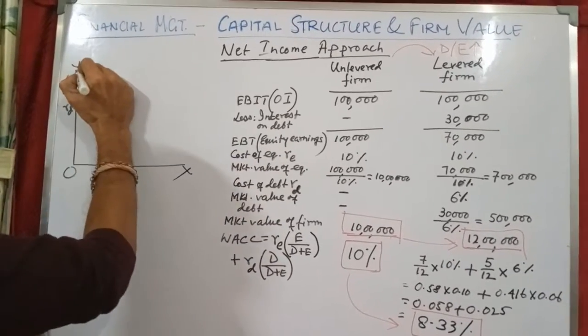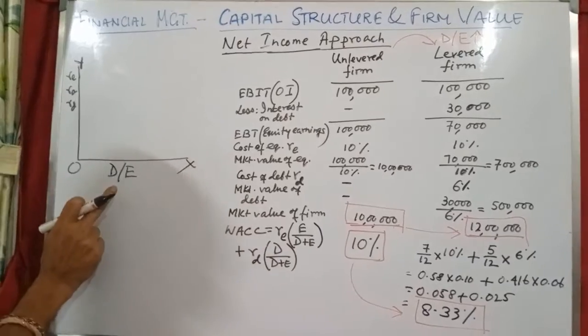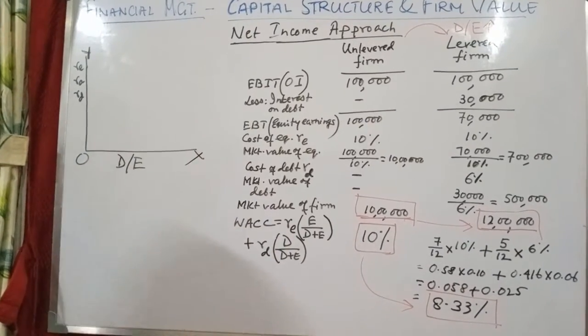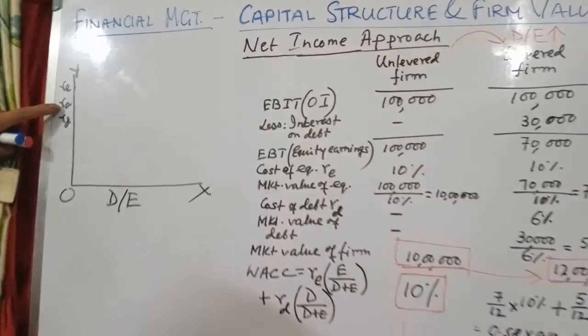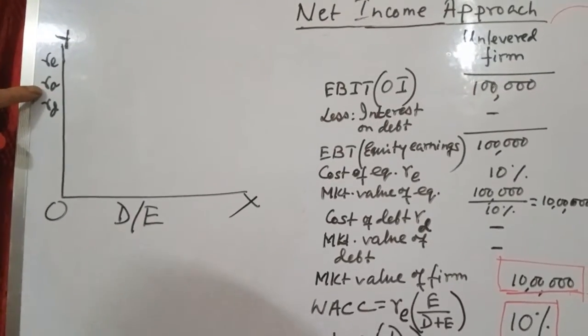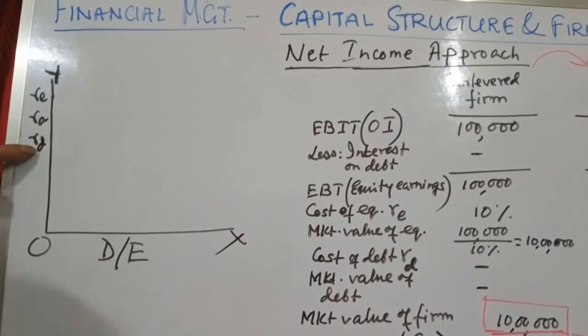On x-axis we measure debt equity ratio, and on the y-axis we measure cost of equity, that is RE, weighted average cost of capital, that is RA, and cost of debt, that is RD.